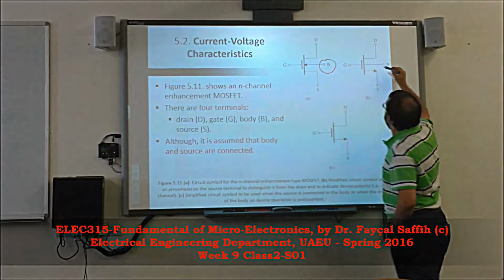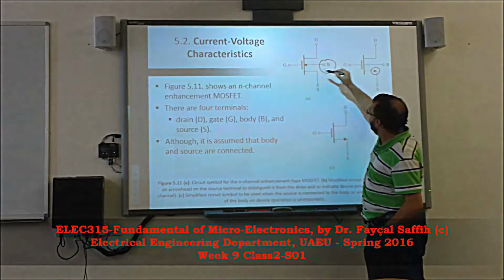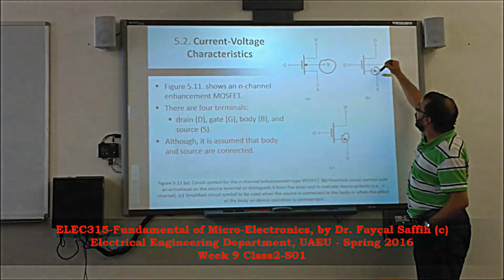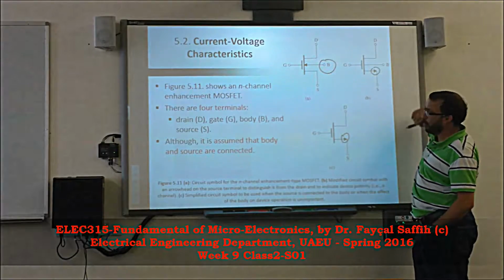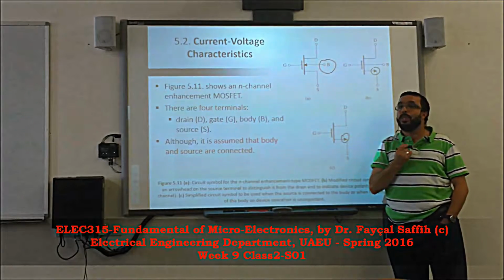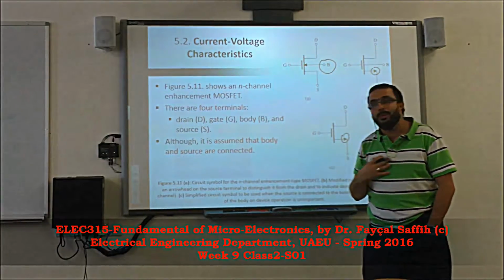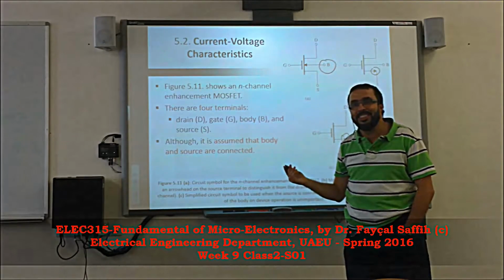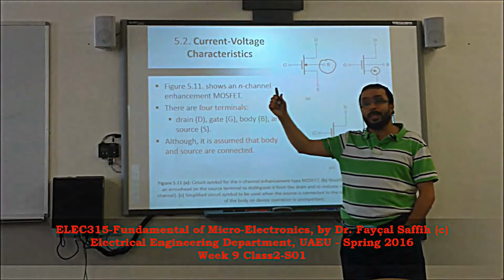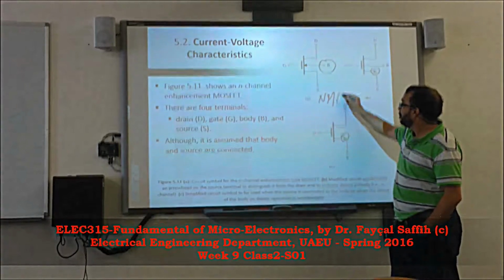So in this transistor, you can see that there is an arrow here. This arrow and this arrow are basically on the same side. What does it mean? It means that the current is going into the source. So the direction of the arrow in the MOSFET symbol shows me the direction of the current. If I know the direction of the current, I should be able to know whether I have a PMOS or NMOS. In the NMOS, the current goes into the source, so this is NMOS.